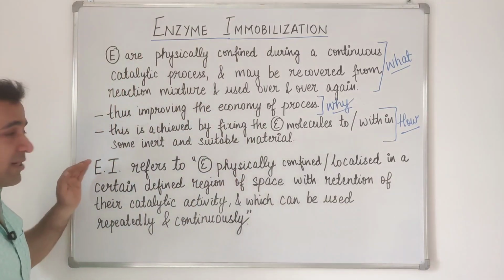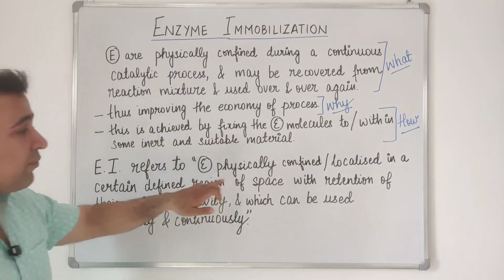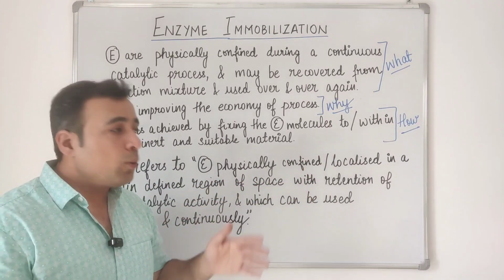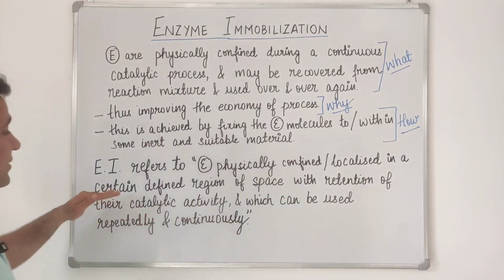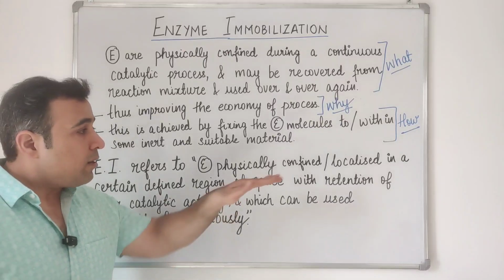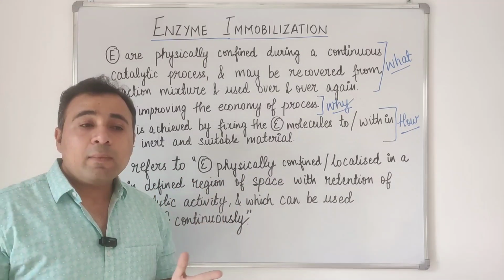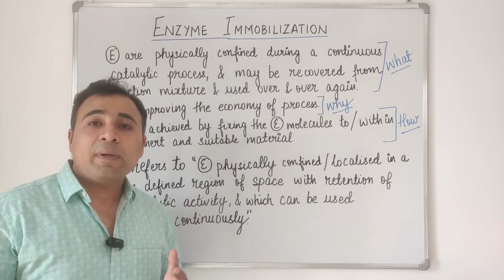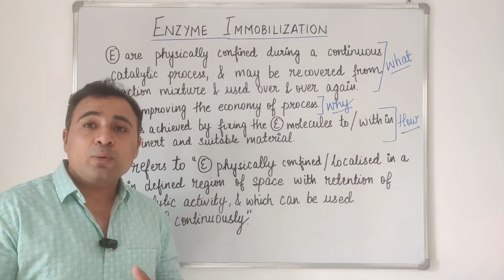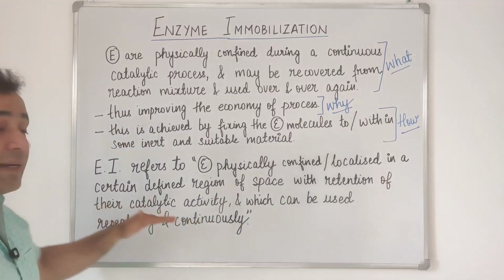Enzyme immobilization, the short form I've used is EI, refers to enzymes which are physically confined, meaning they are stationary, they are localized within a certain defined region of space, meaning they are localized or stationary in a defined medium or a defined material. For example, in some hollow fibers, or they are linked to some fibers, or they are linked to membranes, which we are going to discuss, with retention of their catalytic activity.